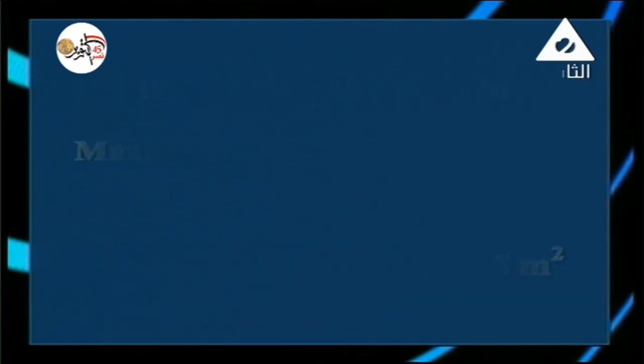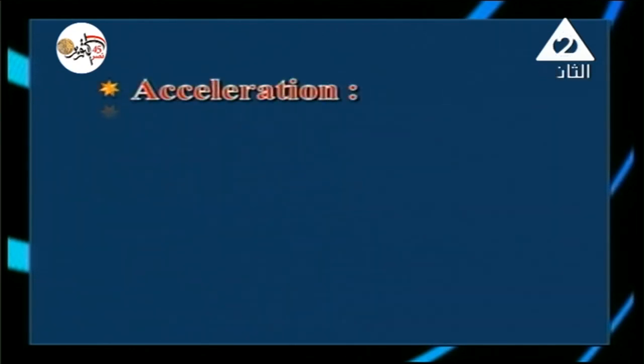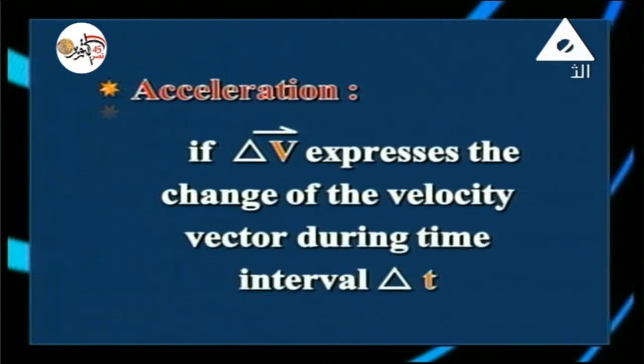Now we translate to another title. It's called acceleration. My dear student, what do you mean by acceleration? Delta v expresses the change of the velocity vector during the time interval delta t.